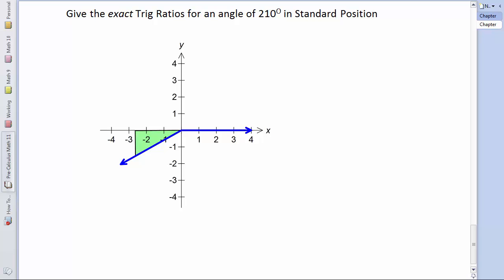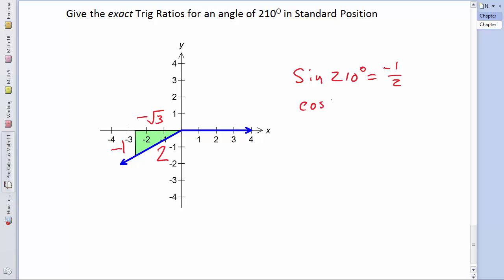One thing to be careful with is that these lengths aren't just 1 and root 3, but since they're off to the left and down on the y-axis, they are -1, negative root 3, but this length is still just 2. The sine of 210 is -1 over 2.